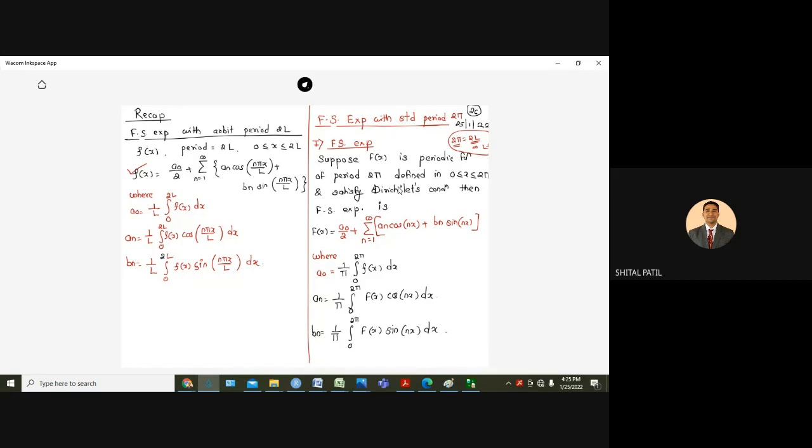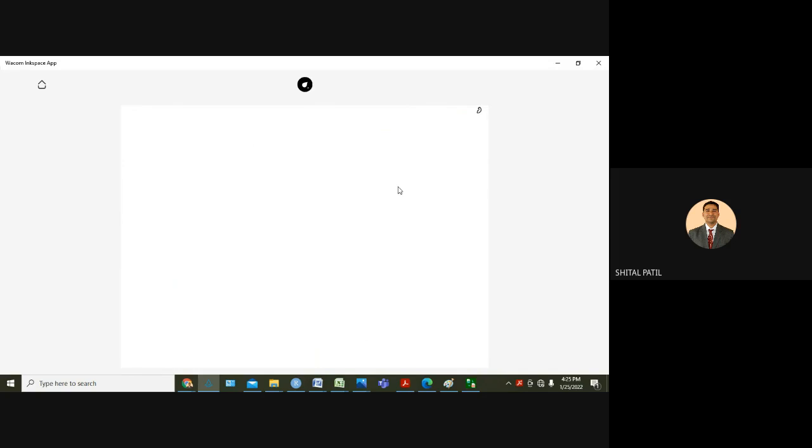So next is second, Fourier series expansion of even function.